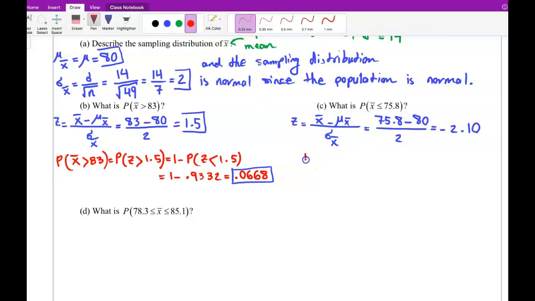Okay, now finding the answer. So x bar less than or equal to 75.8 is equal to the probability of z less than negative 2.10. Here we have less than, so this is on the left side. Okay, let's go back to the table.